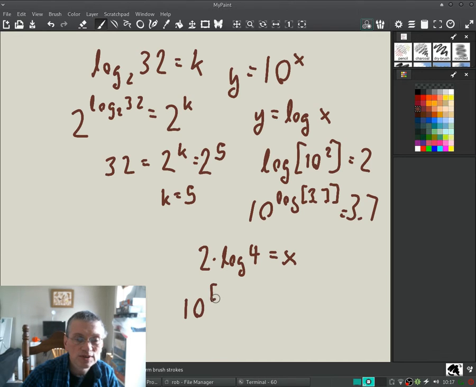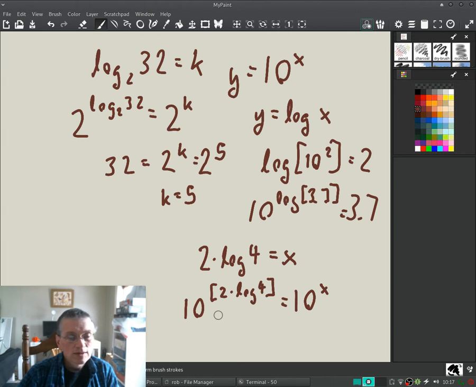You have to do it to the whole thing, so it's 2 times log 4 equals 10 to the x. Okay, so you can use your rules for exponents to separate this out. Okay, we'll do that in a later problem. That's pretty straightforward.